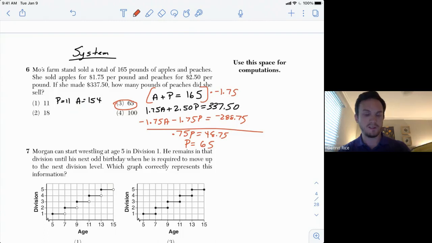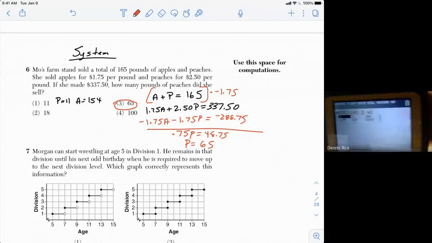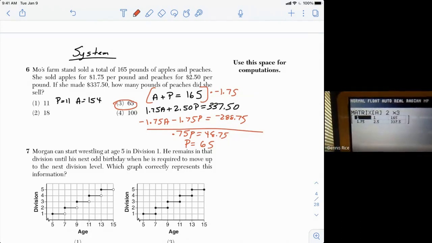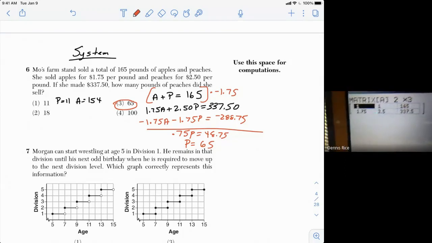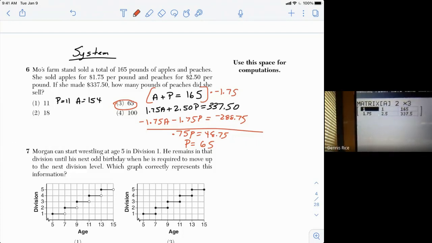You type in just the numbers alone. So 1, 1, 165. Let me type it and then I'll hold it up. I do have a YouTube video on this I can link. So you make a 2x3 matrix. You might still have it saved from when we did it in class. Notice I'm not typing any variables, no math symbols, just the pure numbers.